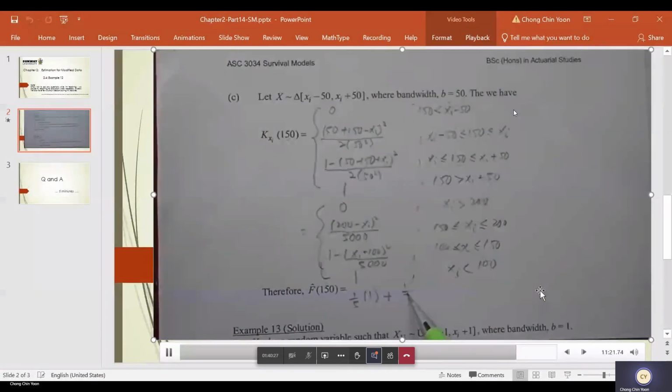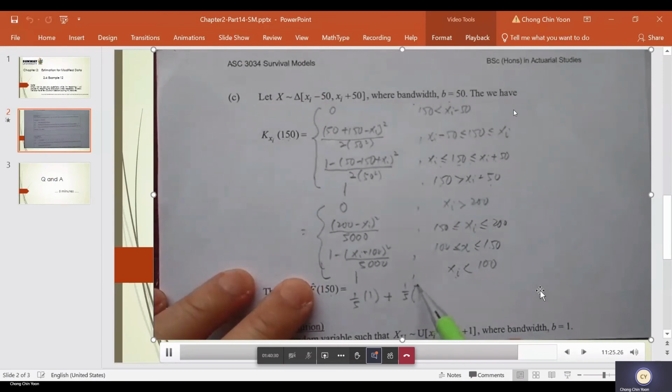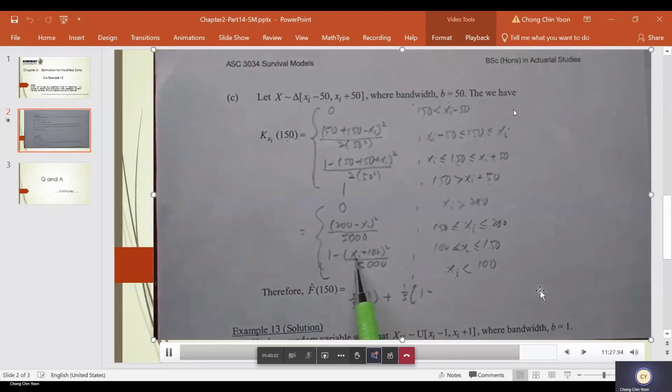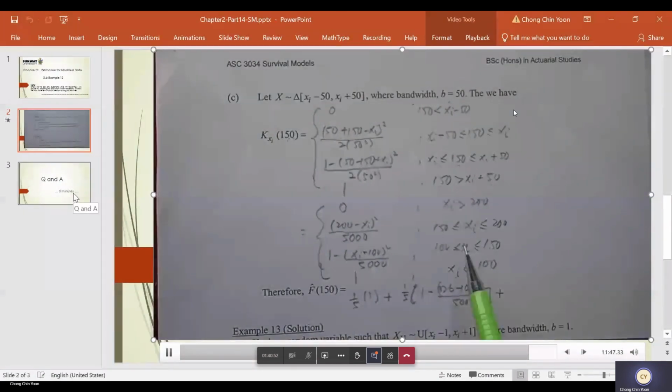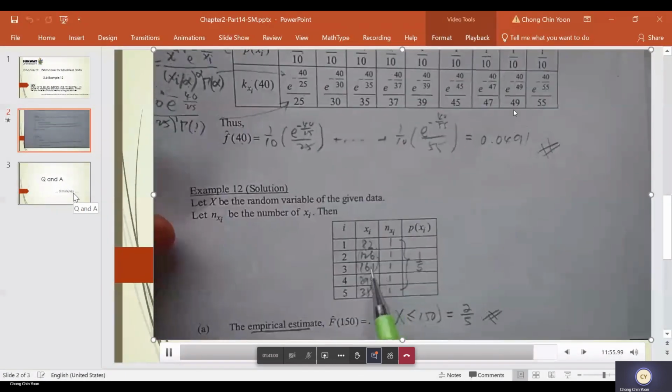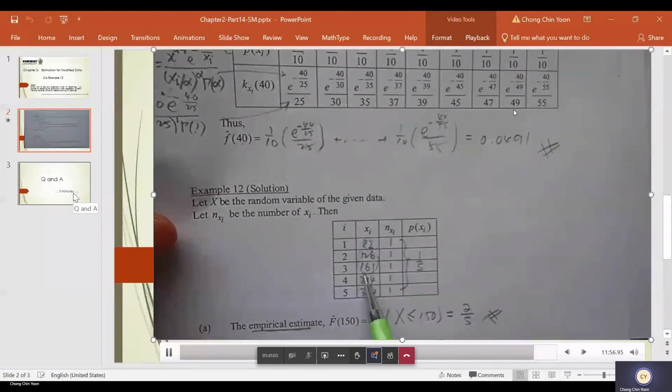Again, I take this probability times this value, 1 minus 126 minus 100, squared, divided by 5,000, plus the interval between 150 and 200, where I have the value 161.